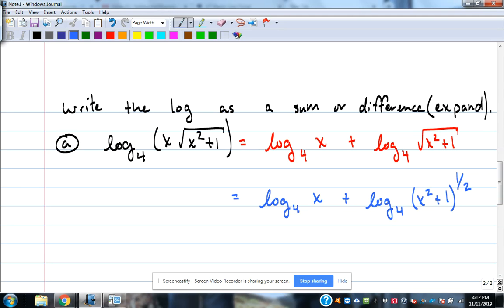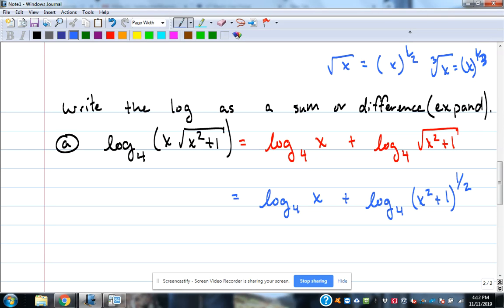Square roots are the 1/2 power. Cube roots would be the 1/3 power. Fourth roots would be the 1/4 power, that sort of thing. So roots can be broken into exponents.